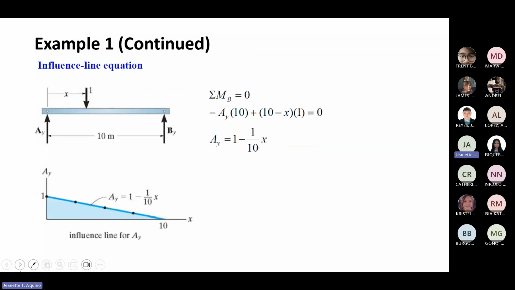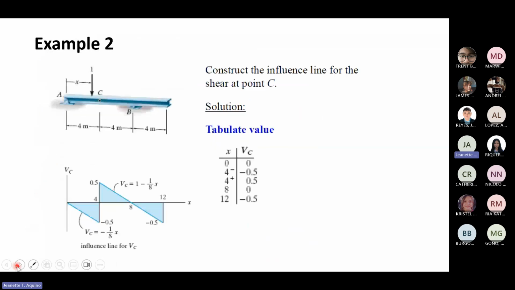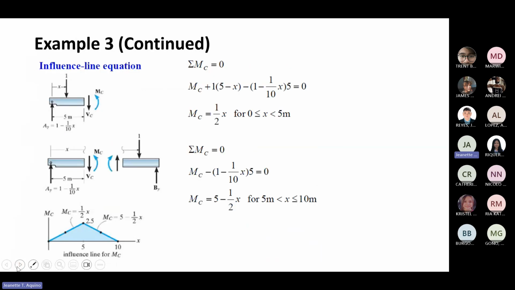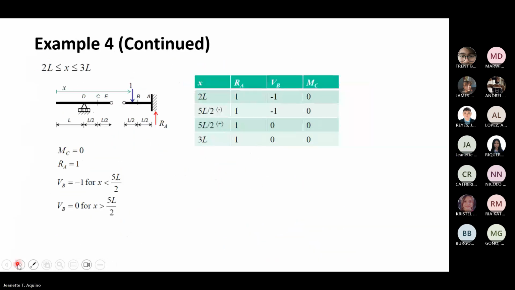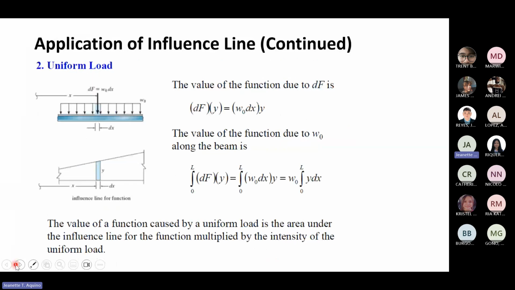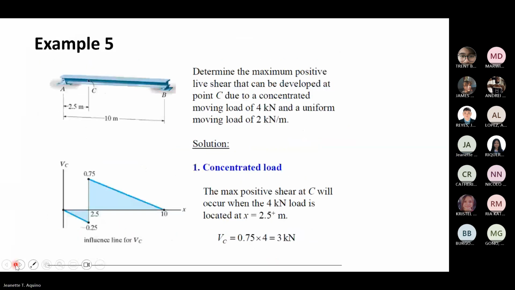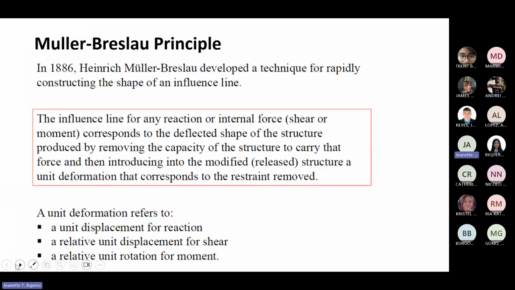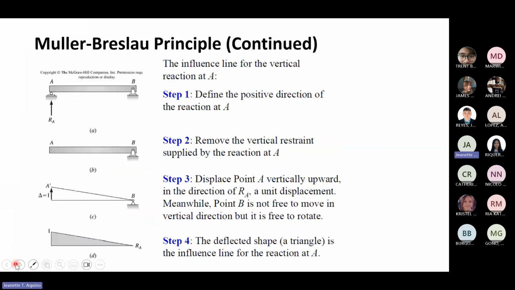You remember this? If you use the Muller-Breslow principle, it will be so fast. You just remove the reaction at A and then deflect it by one. So that will be the beam configuration.